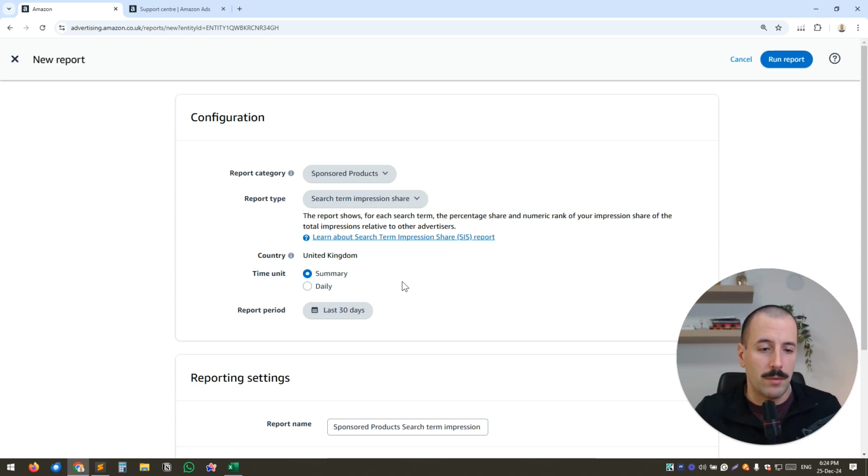Please note that unfortunately there's a data lag of up to 48 hours, sometimes 24, sometimes 48. But when you're tracking something day after day, as you would in these kinds of situations, then select the daily time unit, because this will give you a breakdown per search term per day of how you're ranking.